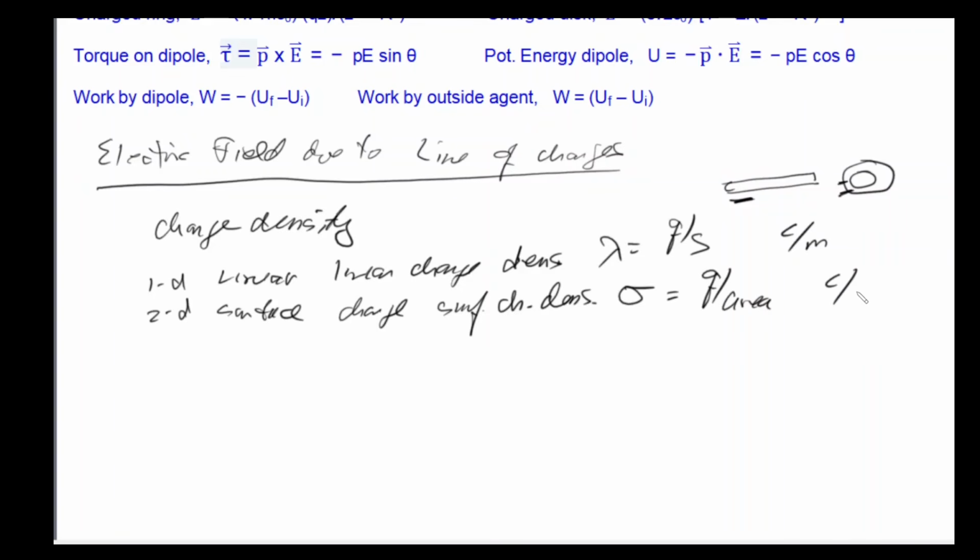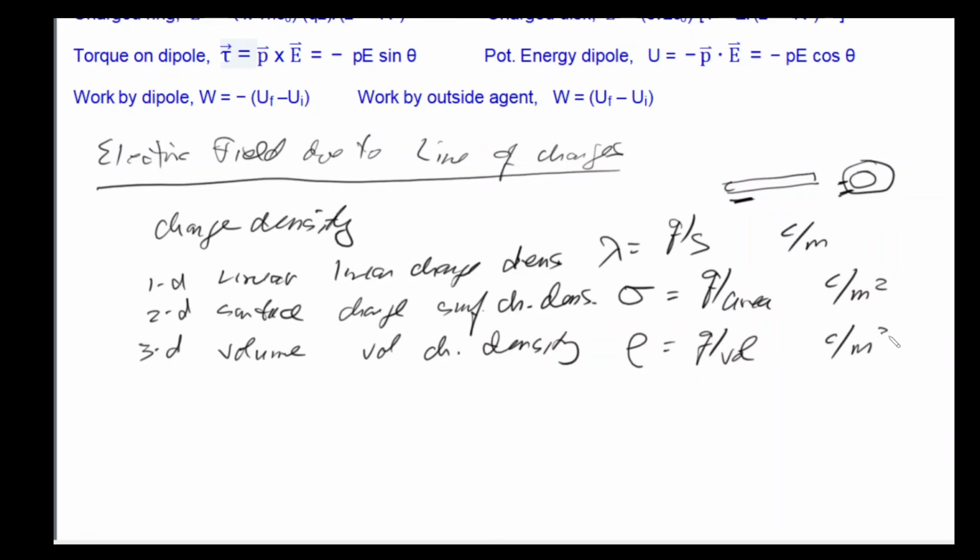So the units there are coulombs per meter squared. And for a three-dimensional object, looking at a volume, we use a volume charge density, and that's given by rho, which is equal to charge per volume. So that's coulombs per meter cubed.